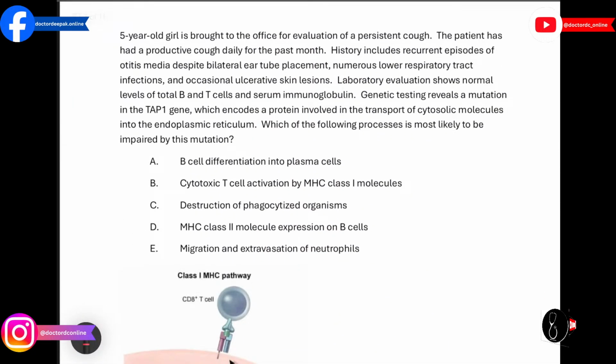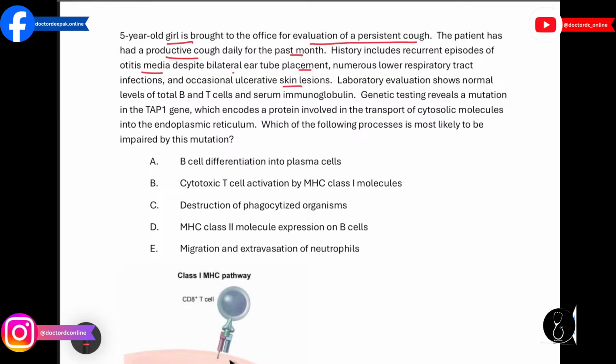Now we are moving to our next question. A 5-year-old girl is brought to the office for evaluation of persistent cough. The patient has had a productive cough daily for the past month. History includes recurrent episodes of otitis media despite bilateral ear tube replacement, numerous lower respiratory tract infections, and occasionally ulcerative skin lesions.